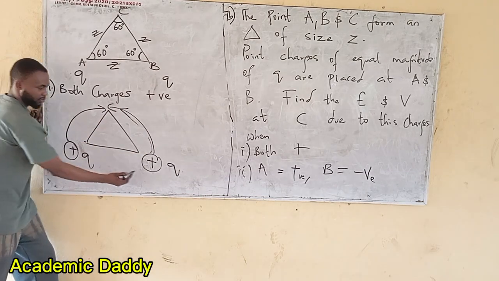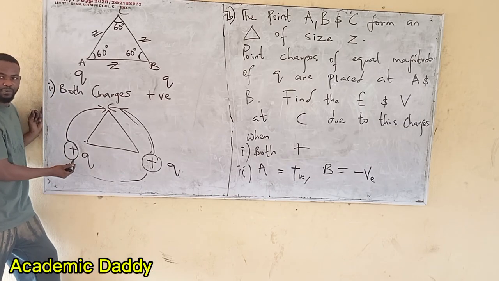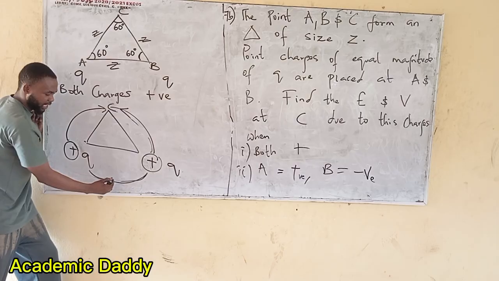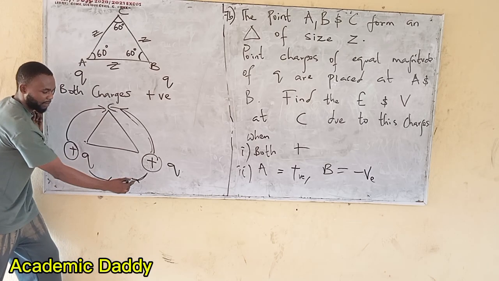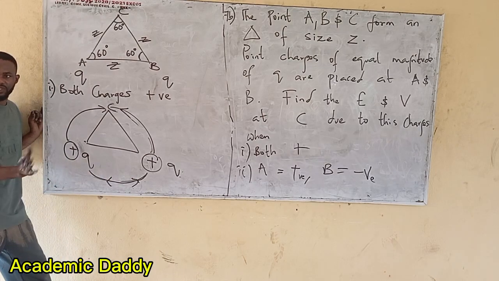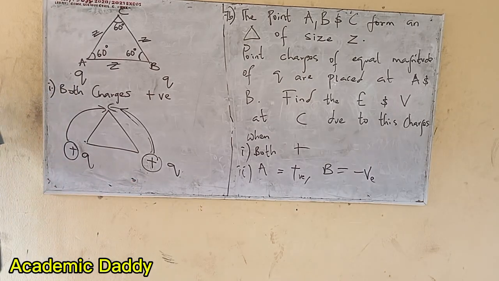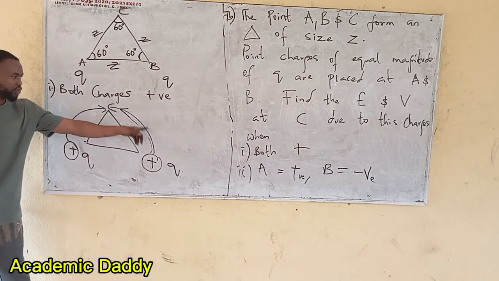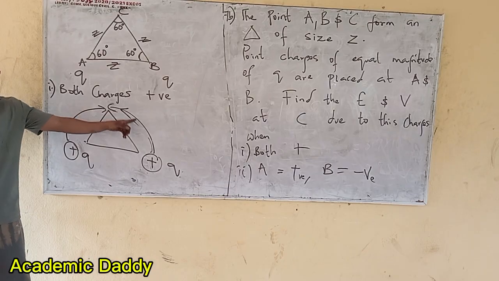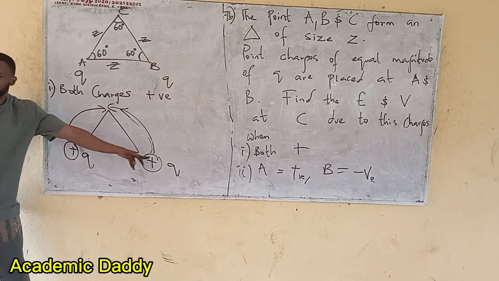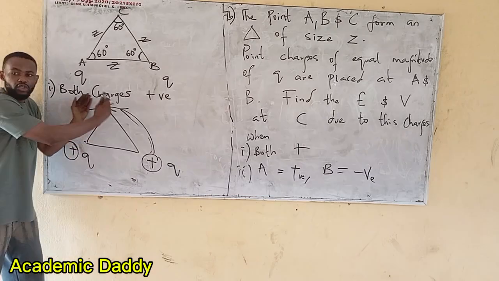Somebody might want to ask me, what about here? They can't come together because if you check it at this end, you are going your way, I am going my way. We don't have business, they are repelling. So you don't consider this end. The two charges are both coming to C to meet.